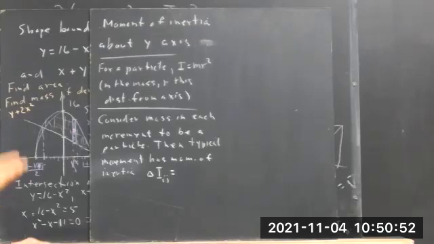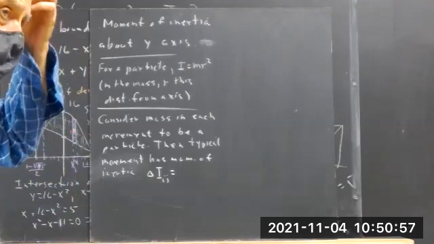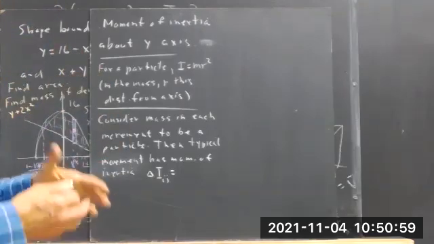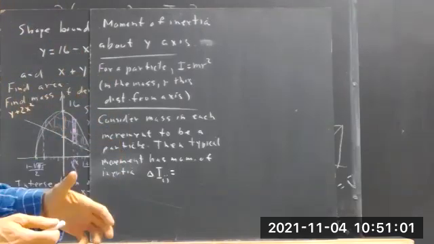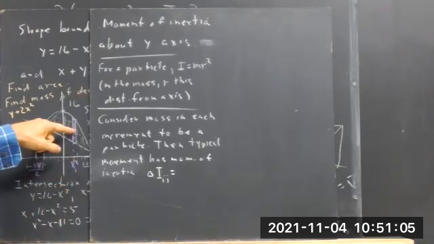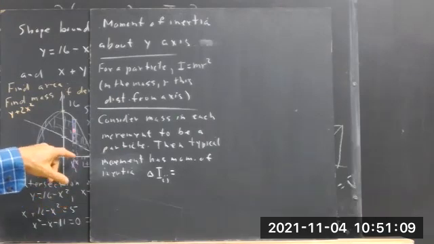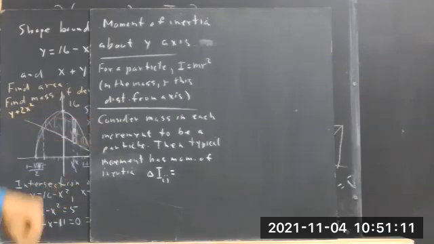One thing is, how far is this mass from the ij increment with sample point xi star, yj star? How far is that from the y-axis? If this is the increment with an xi star and a yj star, how far is it from the y-axis?